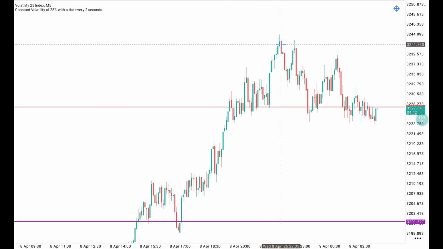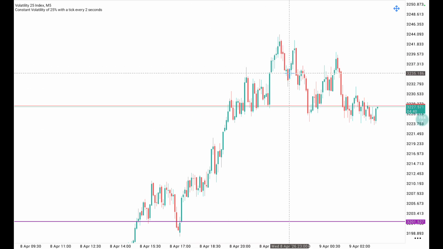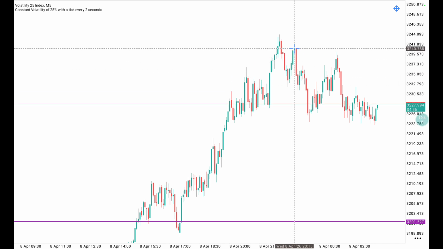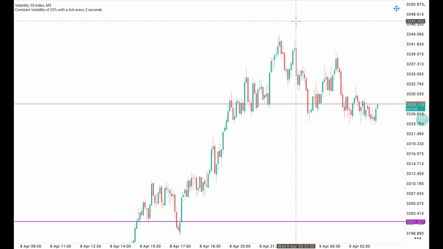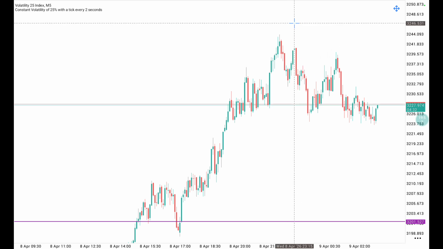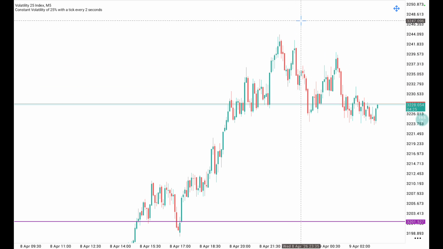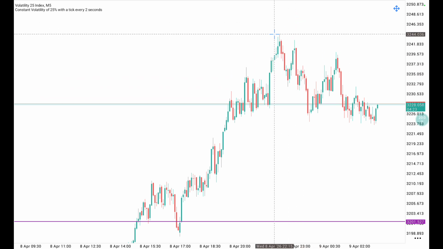When we made this new high and traded down, we traded back up, created a new low here, then we traded back up. When we traded back up, we could not put up a higher high. So there's a failure swing. We couldn't swing up from here above this high.